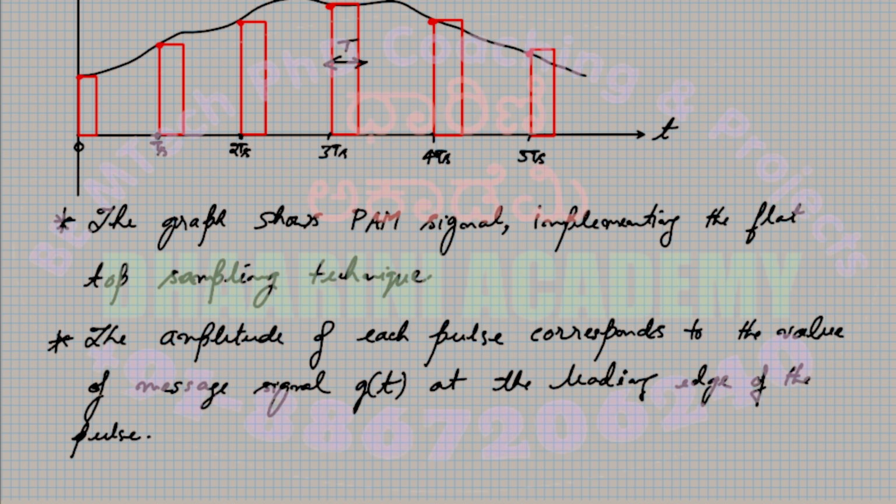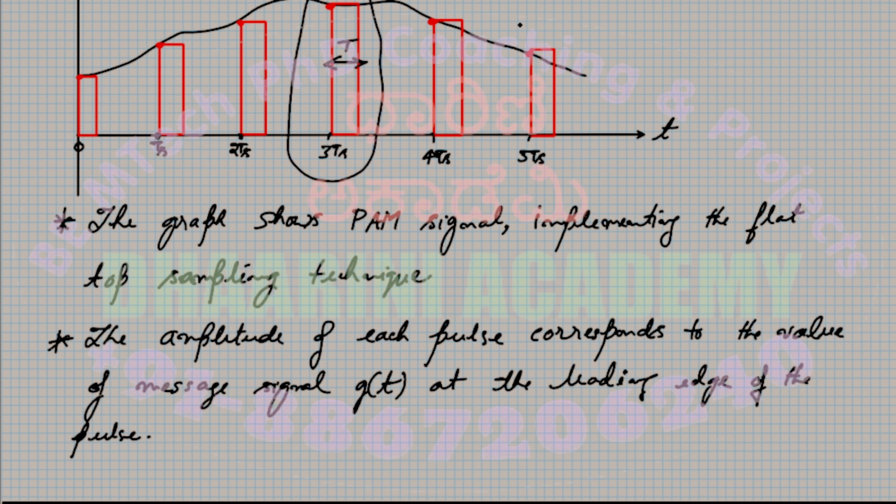Now, whenever we are trying to represent a function using a rectangular pulse, the rectangular pulse has a fixed amount of DC content. You are trying to add a DC content. The AC component is the varying component, but every pulse has a DC component because its amplitude is fixed.